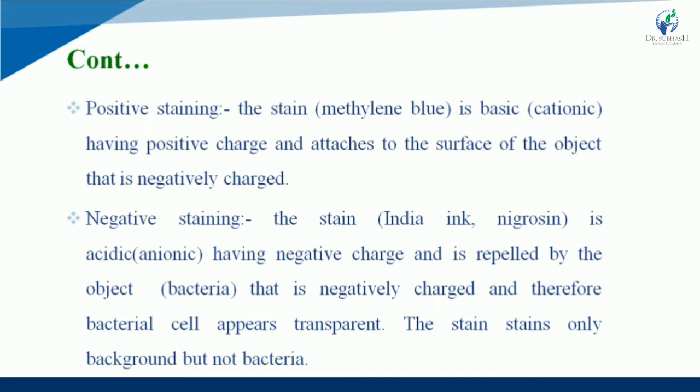In negative staining, which is opposite to positive staining, the stain, for example India ink or nigrosin, is anionic in nature and has a negative charge. So India ink and nigrosin are acidic in nature and have a negative charge. That means it is anionic and it is repelled by the object, bacteria, that is negatively charged.